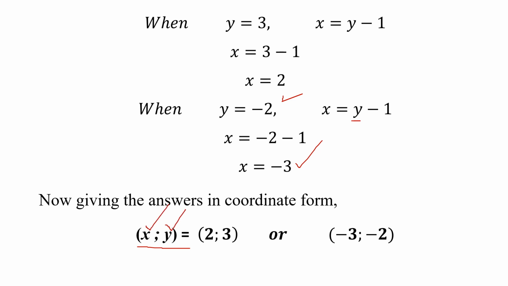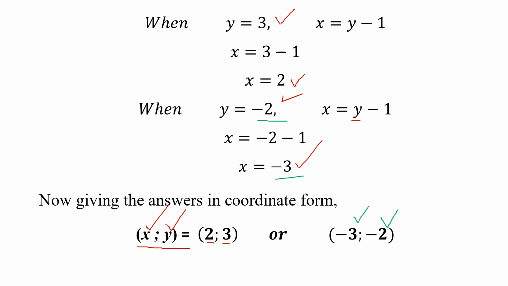So we are saying when x is 2 here, y is 3. So we are saying when x is 2, y is 3. When x is minus 3 here, y is minus 2. So we are saying when x is minus 3, y is minus 2. As simple as this, we have solved the simultaneous equations.